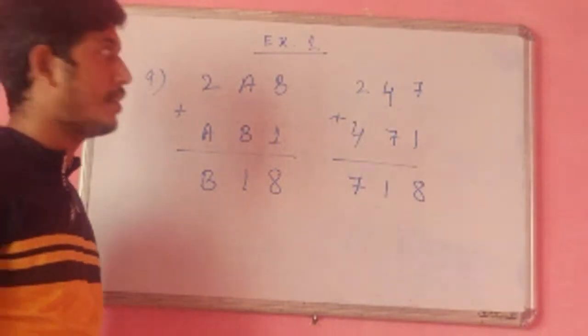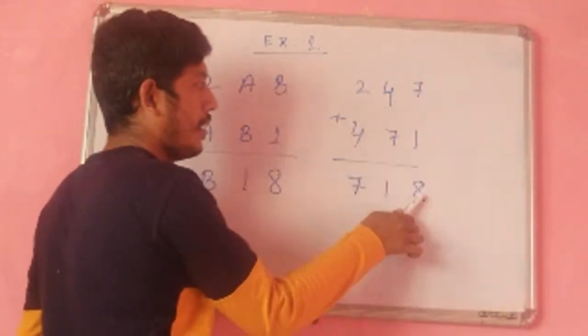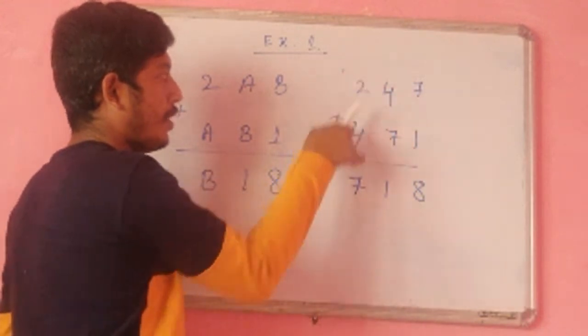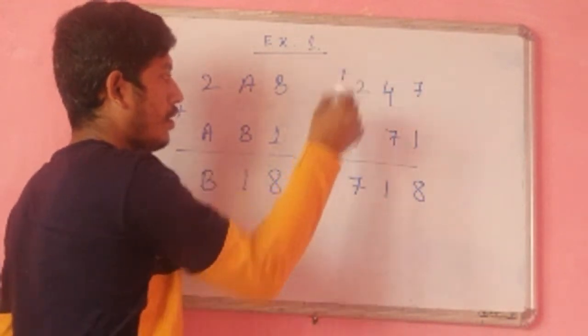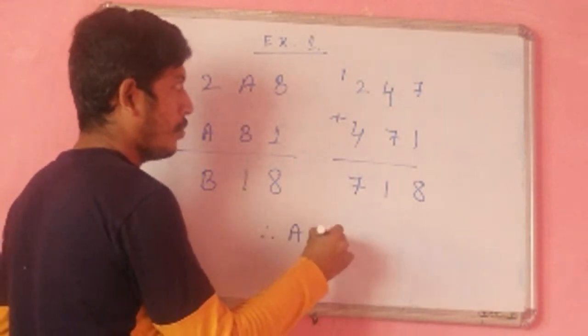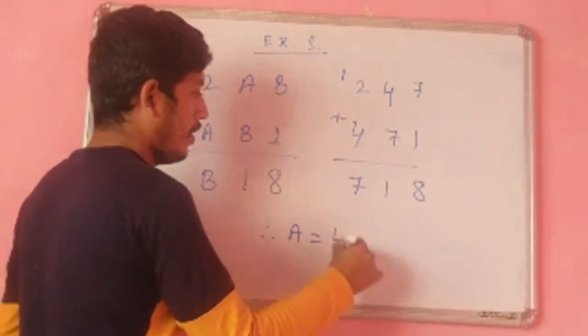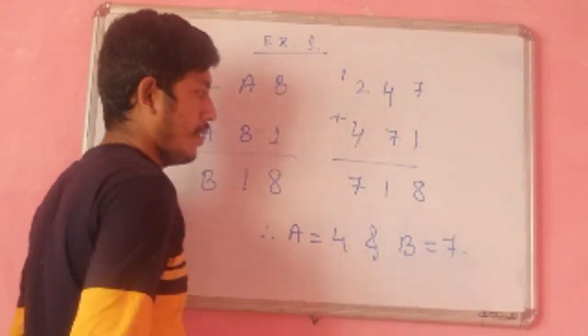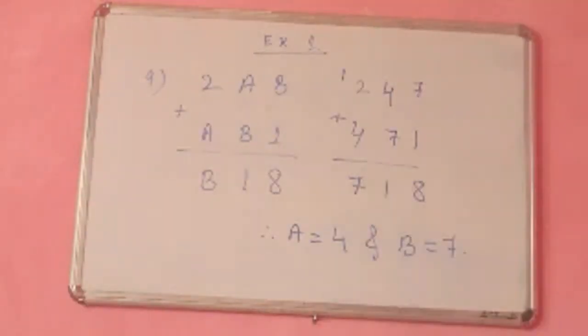Now we'll see the sum. 7 plus 1 is 8, 4 plus 7 is 11, 1, and 2 plus 1 is 3, 3 plus 4 is 7. So therefore value of A is how much here? Value of A is 4 and value of B is 7. Just look at this answer.